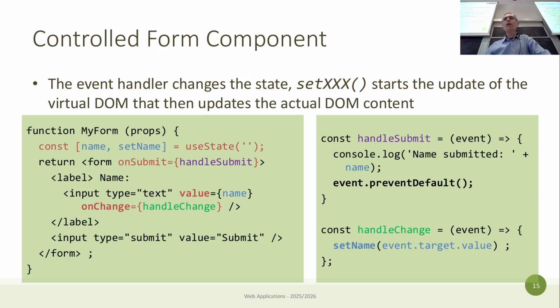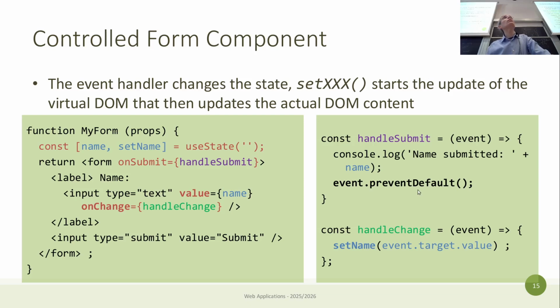And you can attach, and we'll say you must attach, an event handler to the onSubmit event of the form, because of course you can do some console log or whatever, but you specifically need to write this instruction, event.preventDefault.